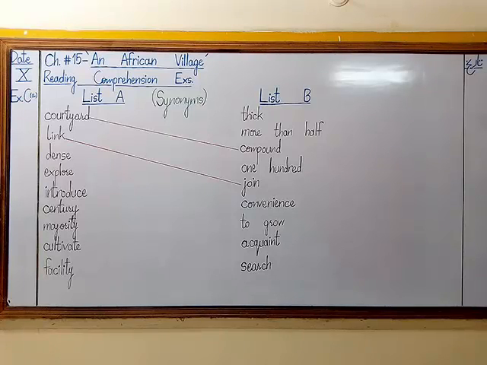The third word is dense. You remember the word dense? We discussed this word in a phrase like dense forest. A forest with so many trees in it, that is called dense forest. What is the word in list B that can be the synonym to the word dense?